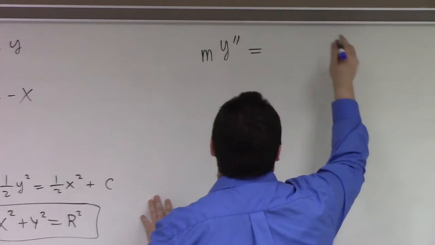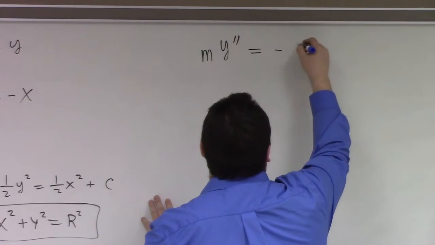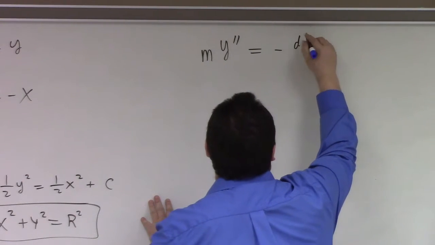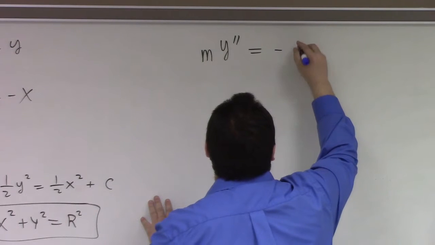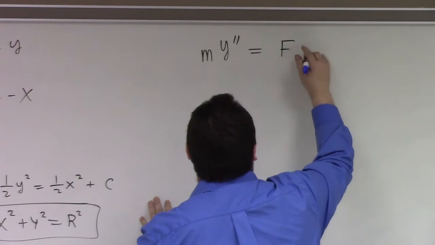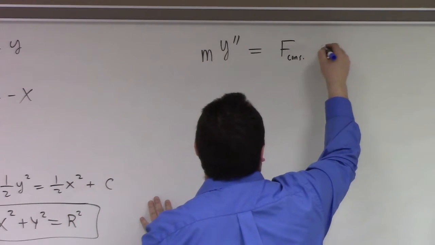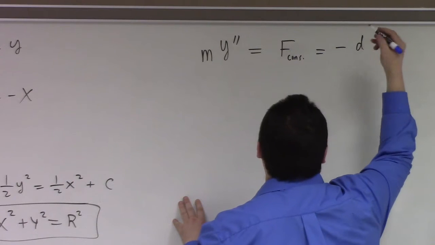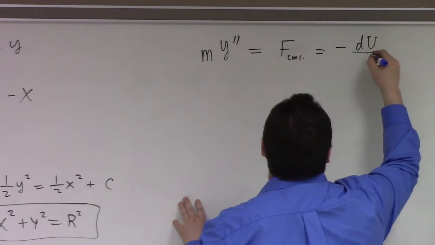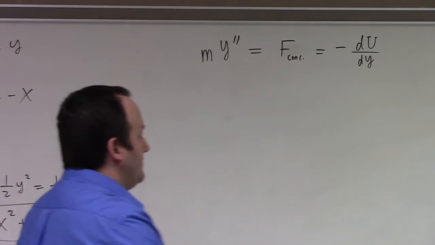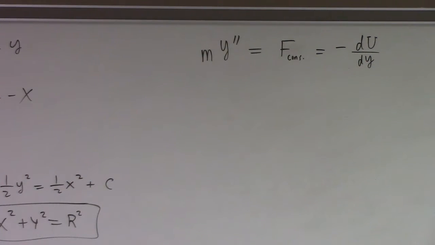Conservative force, what is it? Minus d, goodness gracious, minus d, I'm an idiot. Good grief, the force, right? Conservative. And that would be equal to minus d, the potential energy, whatever you want, let's say U, dy in this notation. One-dimensional problem.